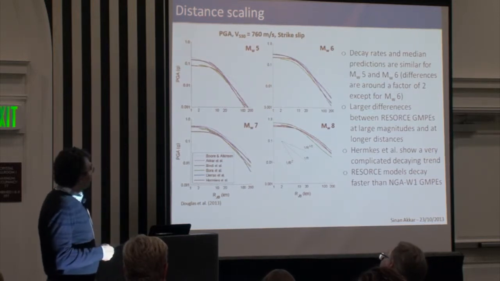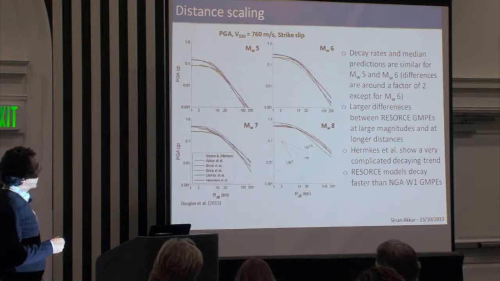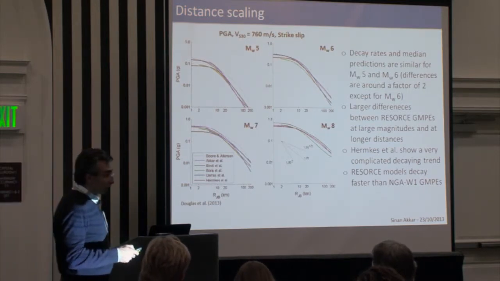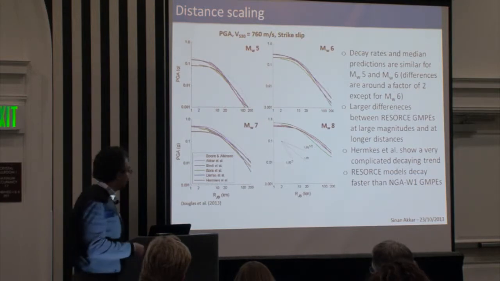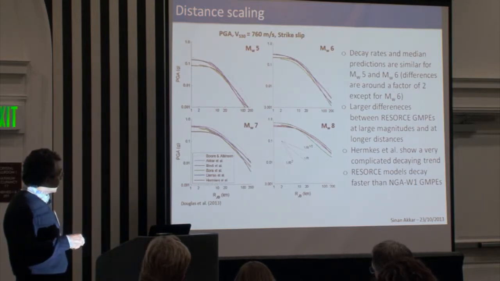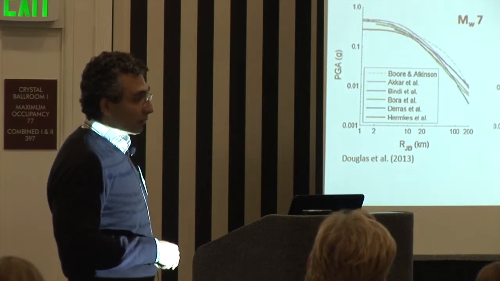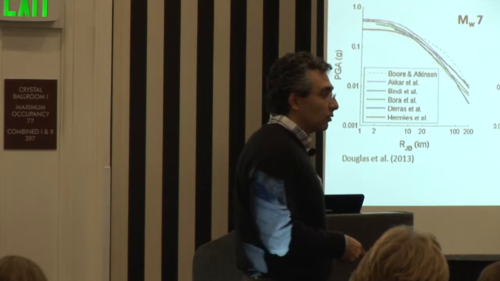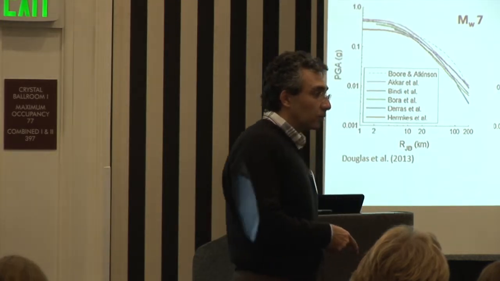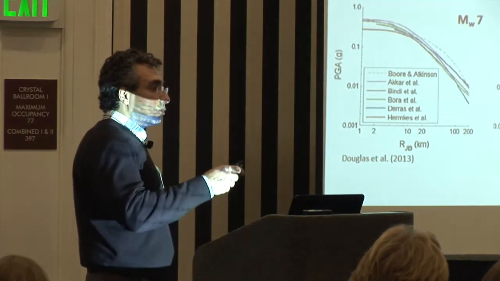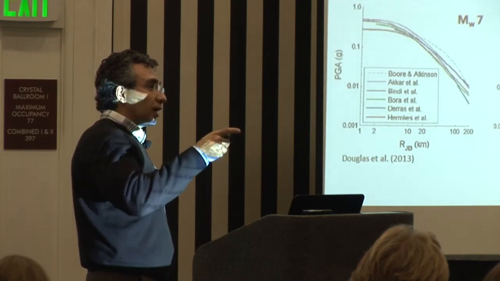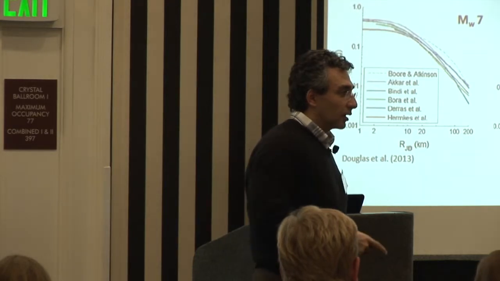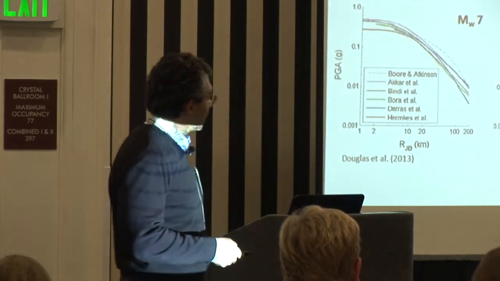So the decay rates and median predictions are very similar for magnitude 5 and 6 events, and the differences between the models increase with increasing magnitude and increasing distance. To me, if I'm not mistaken, this is different from what you observed in the NGA West 1 project, because in NGA West 1 you were observing fewer differences for large magnitude events, which is just the opposite in our case.